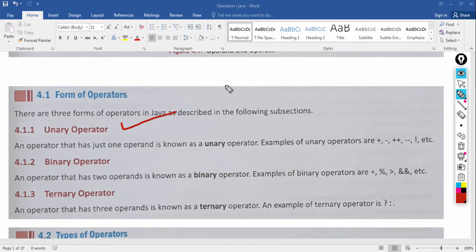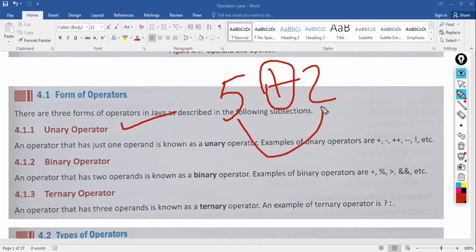In the previous example, when I told you 5 plus 2, this particular operator requires two operands, right? So there are two operands. This is why in this case the plus will be known as a binary operator.